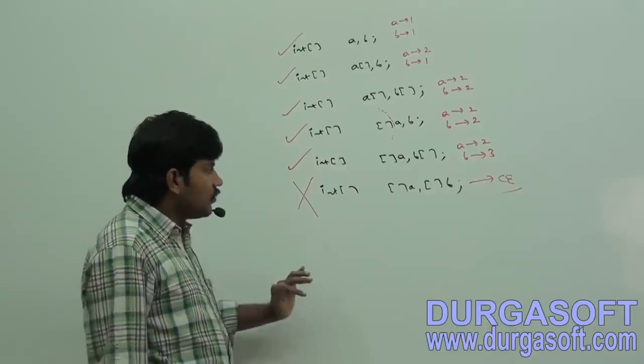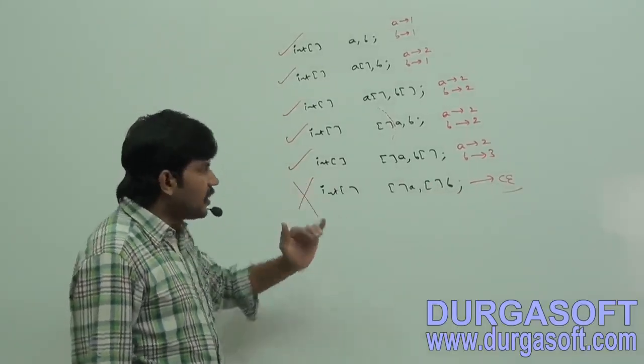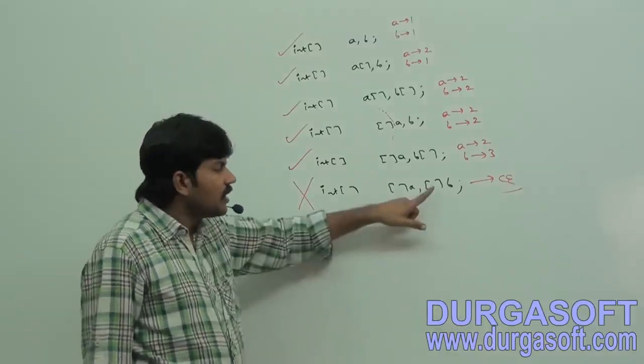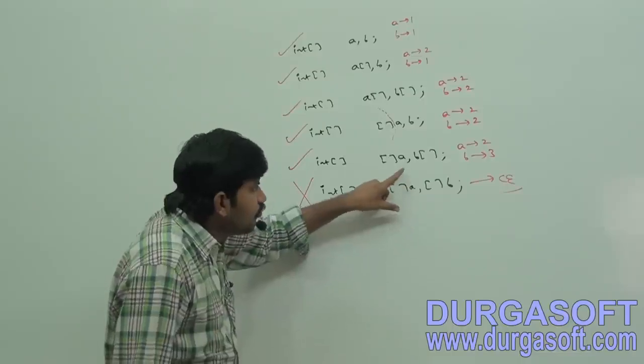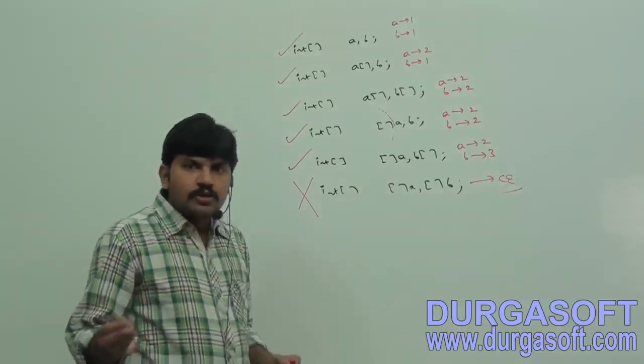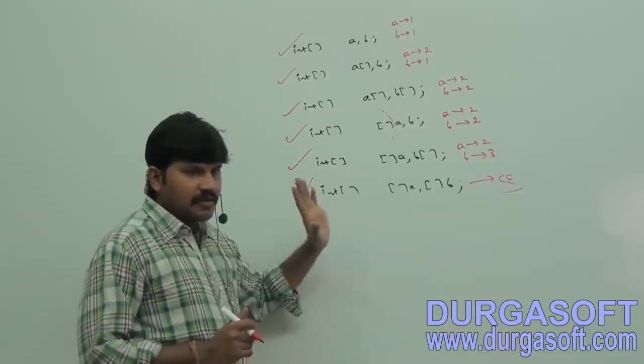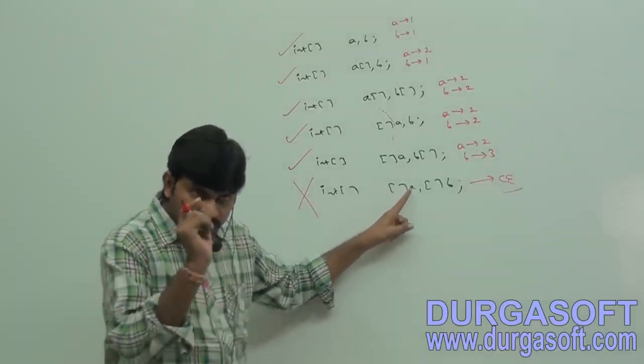Okay, the conclusion is, if you want to declare the dimension before the variable, this rule is applicable only for the two-dimensional array, only for the first variable.